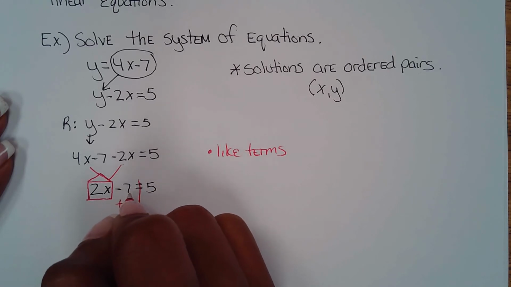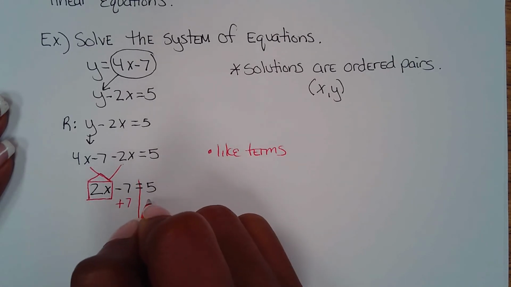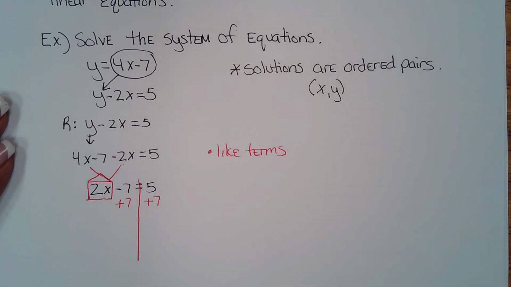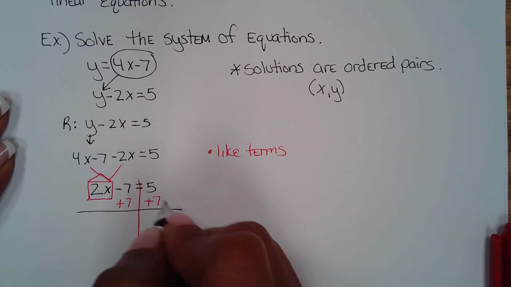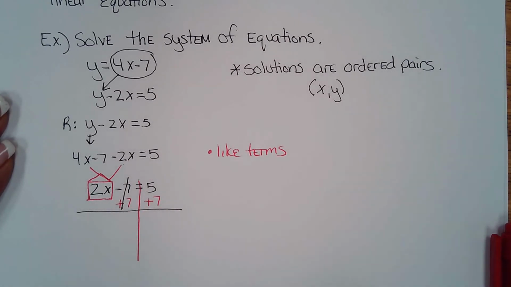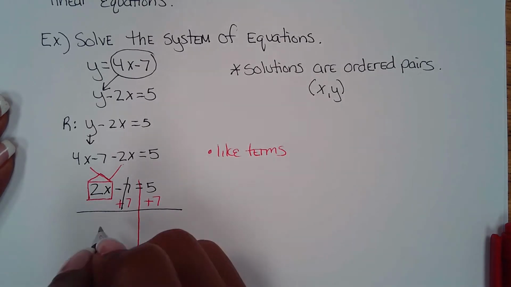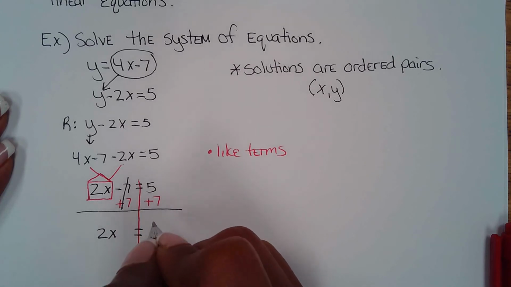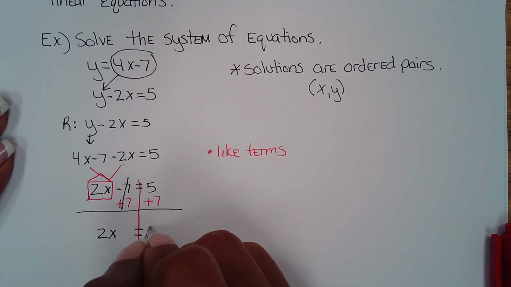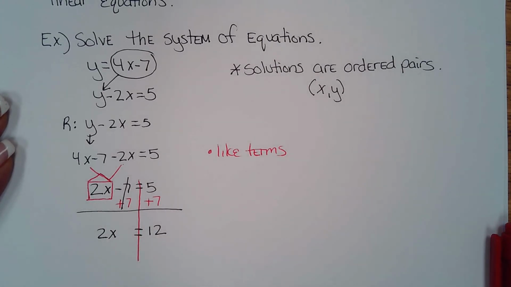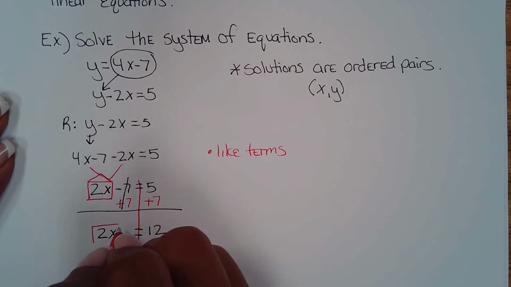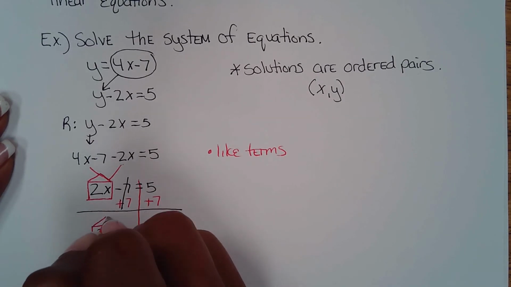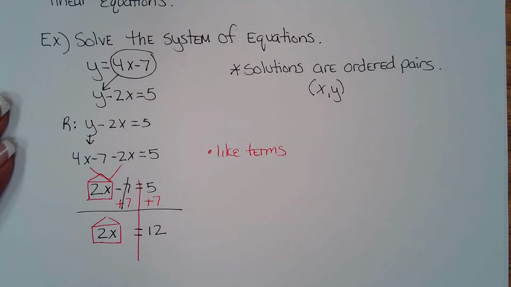The opposite or the inverse of minus 7 is plus 7. Negative 7 plus 7 cancels. I'm going to bring down my 2x equals, and 5 plus 7 simplifies to 12. Now remember, my 2x is still representing my house, and I need only for my x to be inside the house.